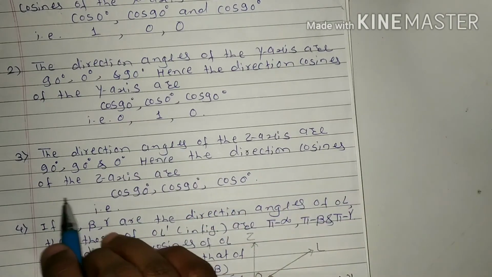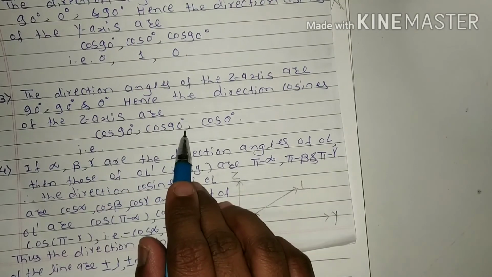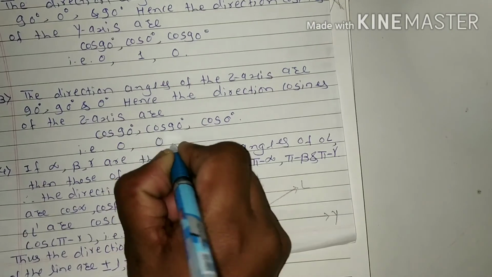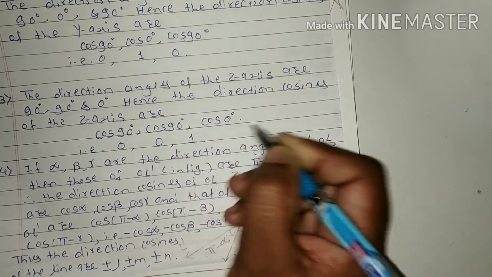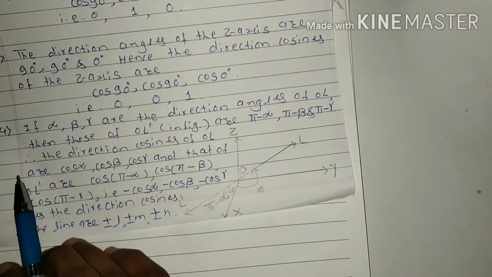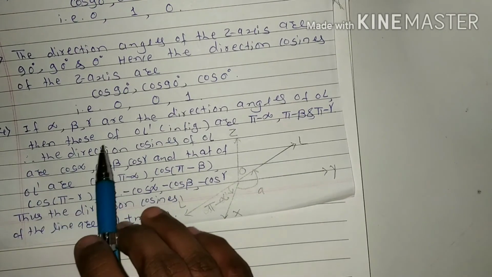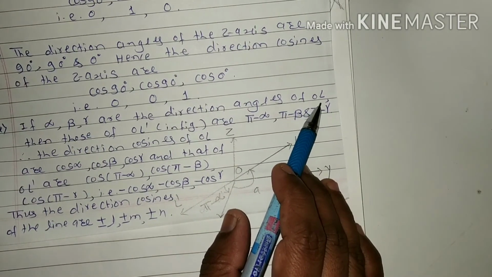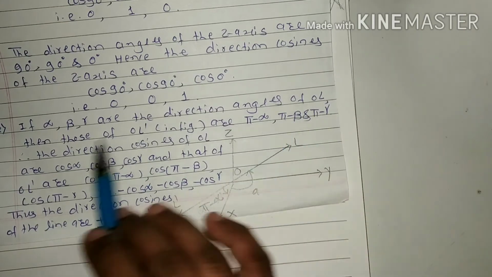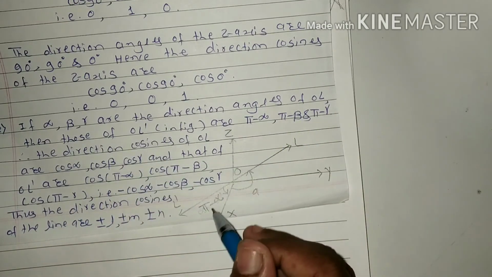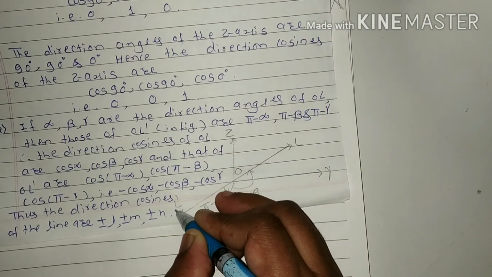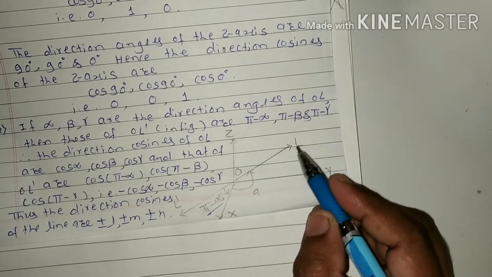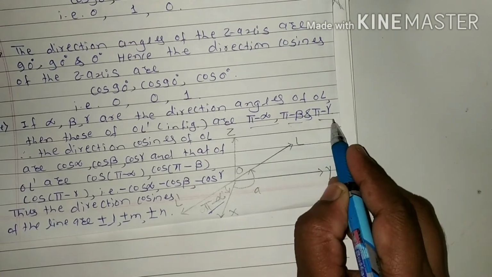Hence the direction cosines of the z-axis are cos 90, cos 90 and cos 0, that is, 0, 0 and 1. And the last point, number 4: if alpha, beta and gamma are the direction angles of OL, then those of OL dash, in the figure, are pi minus alpha, pi minus beta and pi minus gamma.